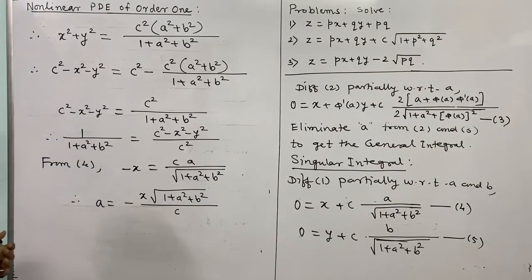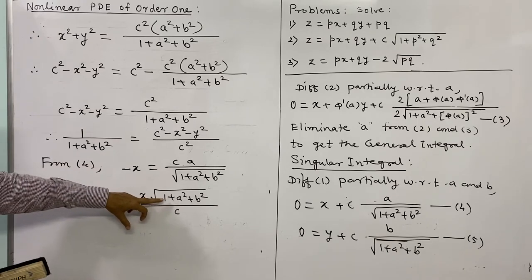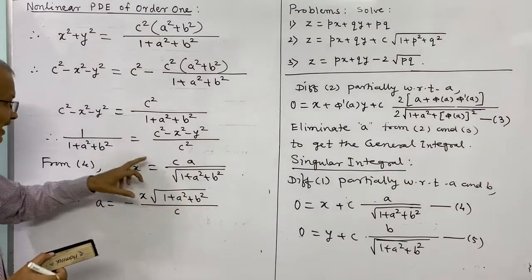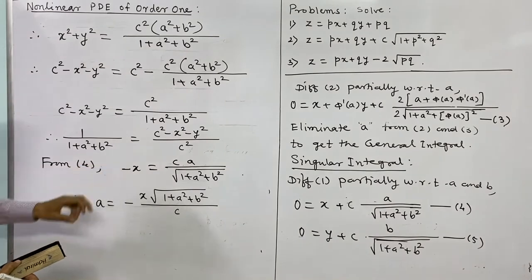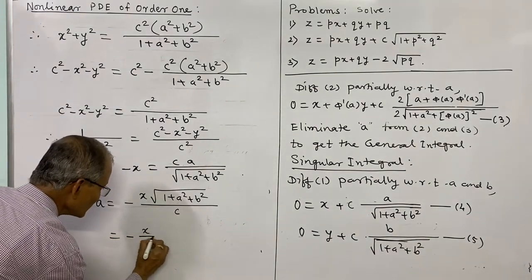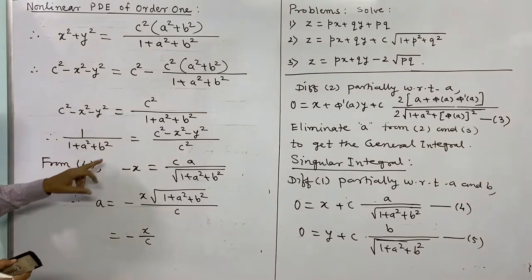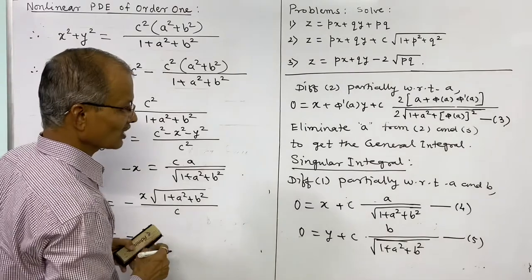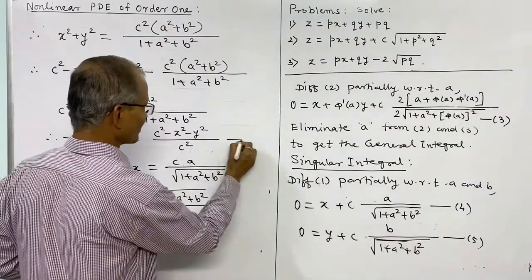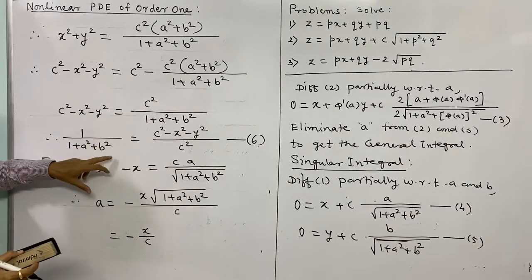And one thing is, this value, root of 1 plus a square plus b square, can be obtained from this relation. So that will be minus x upon c, and we take the reciprocal and then take the root. So we may number this equation as, say, 4, 5 and we have 6. Or one more step can be done here: take the reciprocal and take the root.